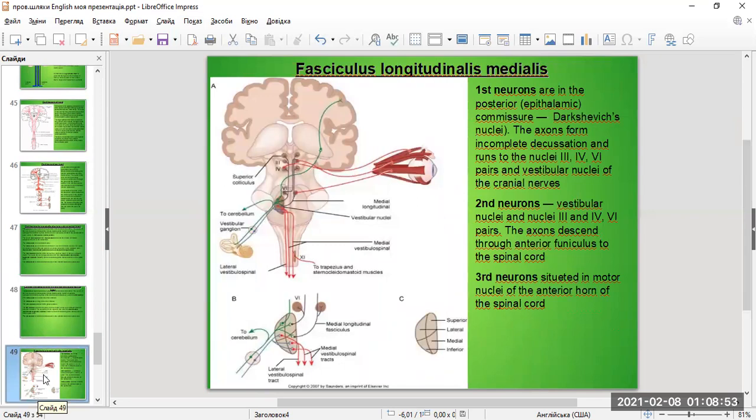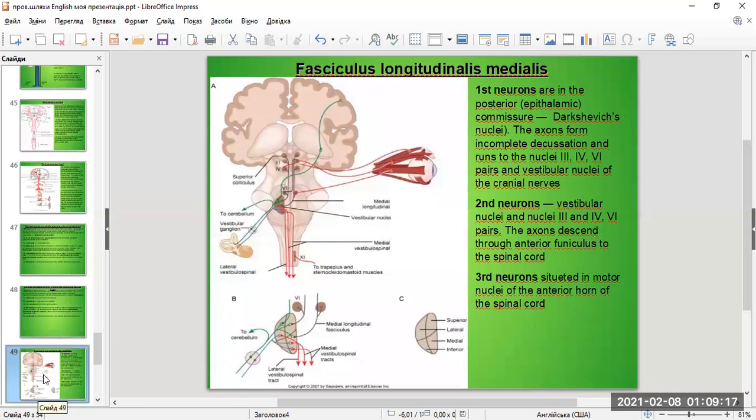Fasciculus longitudinalis medialis. The first neurons are in the posterior or epithalamic commissure, the Darkschewitsch nuclei. The axons form an incomplete decussation and run to the nuclei of the third, fourth, and sixth pairs and the vestibular nuclei of the cranial nerves.